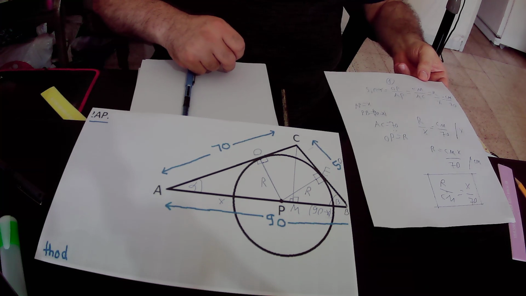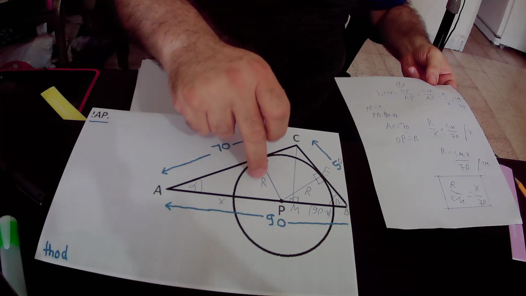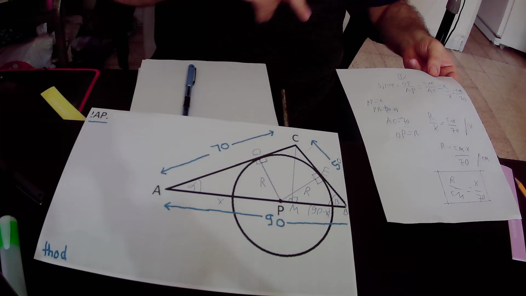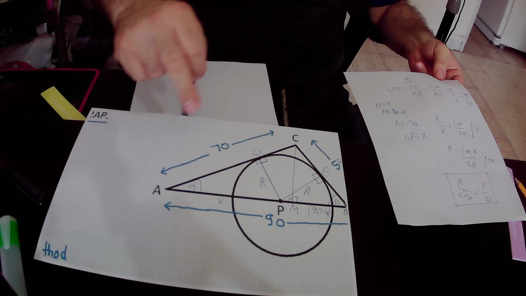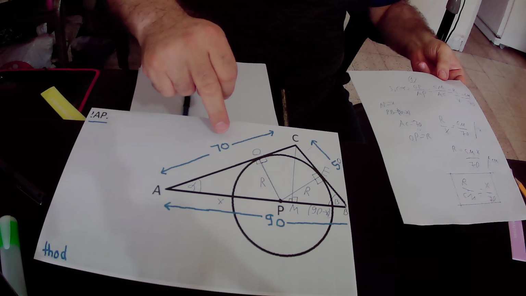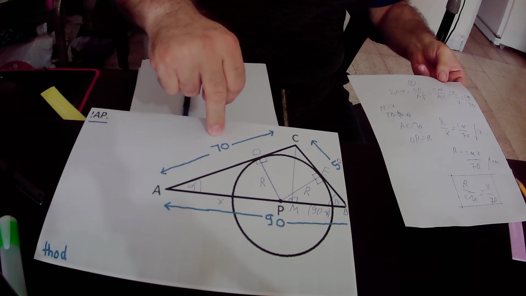But we know that OP equals R, and we defined AP as X, and AC is given to us, that is 70 units.